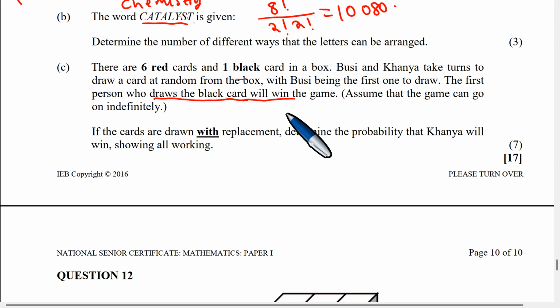If the cards are drawn with replacement, determine the probability that Kanya will win, showing all working. Let's look at this. So we're looking at the probability of Kanya winning, but also we are effectively saying these can go on and on and on.